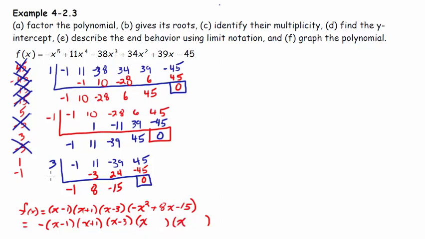I need two factors of positive 15 that would give me a sum of negative 8, so they both have to be negative. One is 5 and the other is 3. Okay, so we have factored that. We have completed part A.